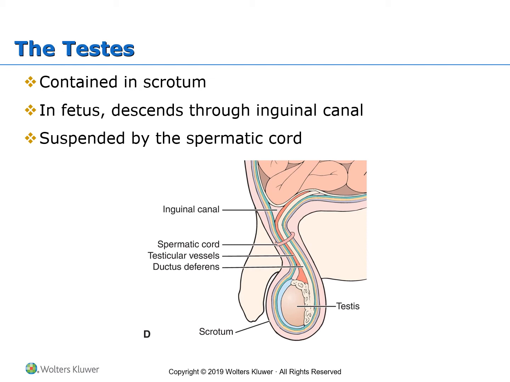During embryonic life, the testis starts developing inside the abdominal cavity, pretty close to the level where the kidneys are. One or 2 months before birth, each of the testes will normally descend, moving towards the inguinal canal, and through the inguinal canal, from the abdominal cavity, they will descend inside the scrotum.